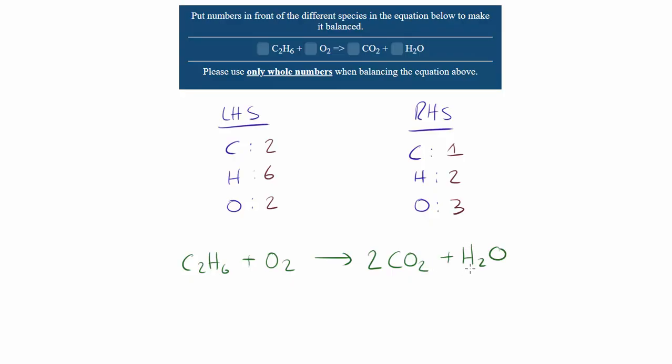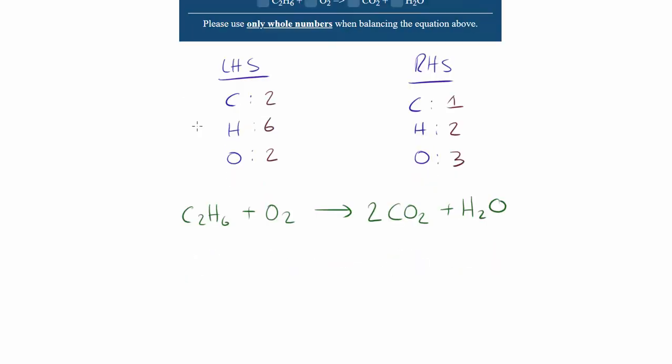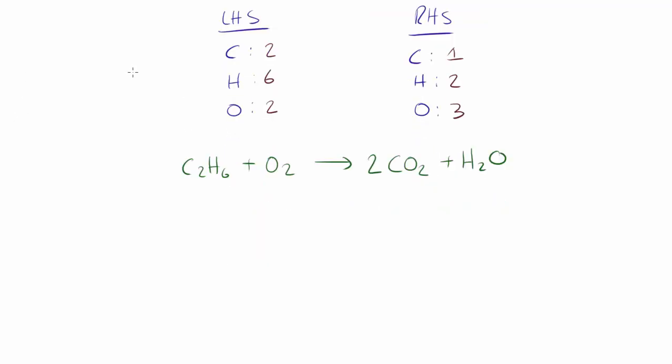Now remember, we didn't change anything on the left hand side, so when we do our auditing for this next step, there's not going to be any change on the left hand side, so that's quite straightforward. For carbon, hydrogen, oxygen, it's simply going to be the same thing: 2, 6, 2.